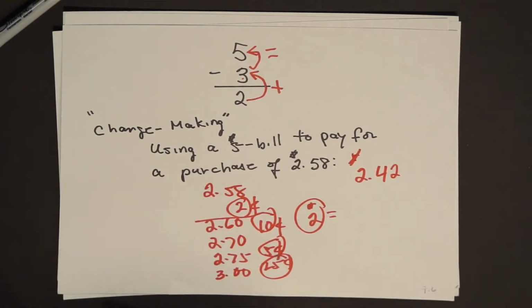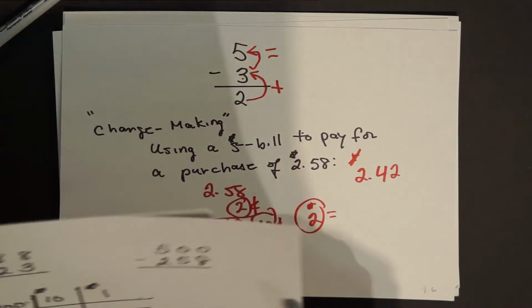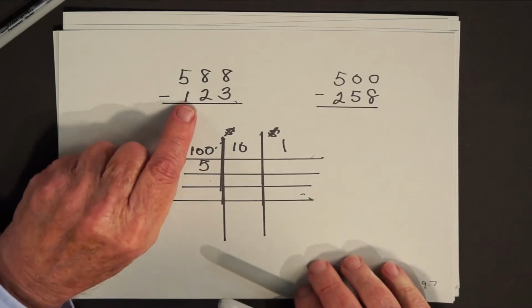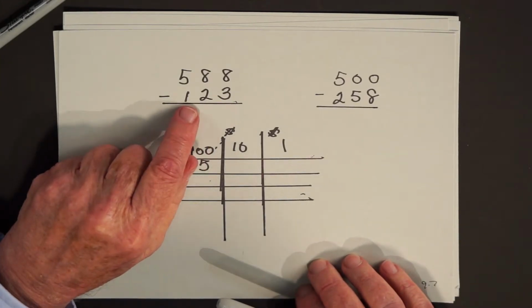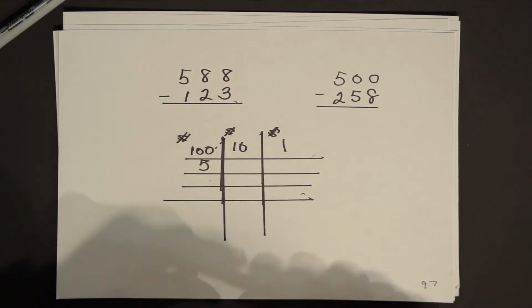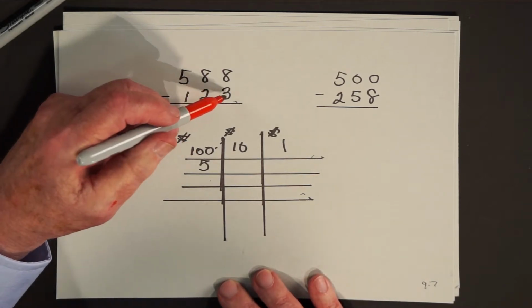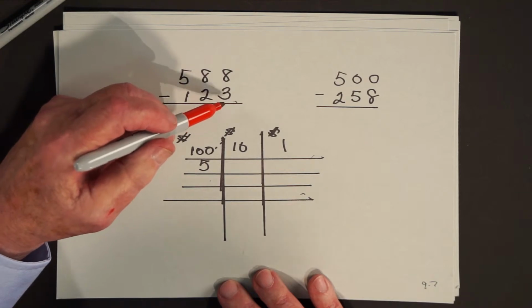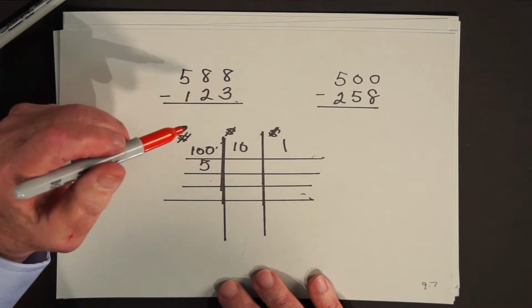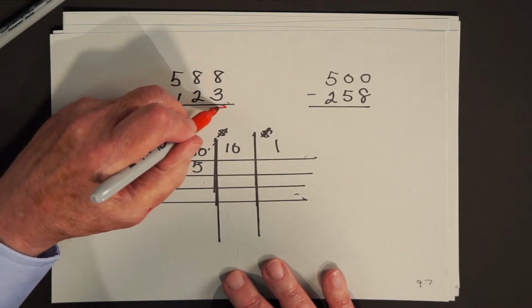So we've been doing that. And again, when we do this by what we call unadding, when we want to see what we have to add on to 123 to get 588, we just do what we did before. Only now, instead of adding these, we say, well, what do you have to add to 3 ones to get 8 ones? Well, the answer is 5 ones.